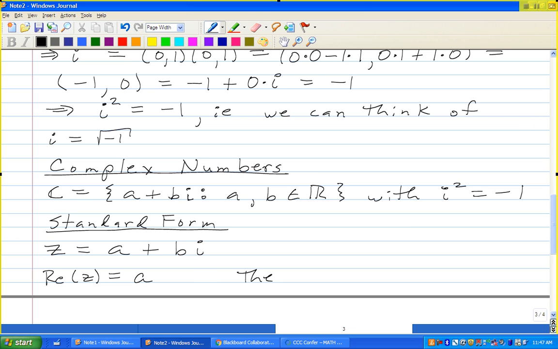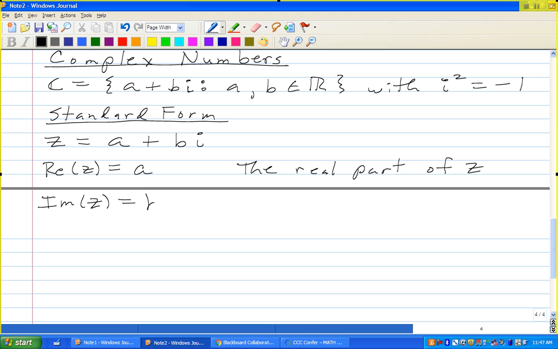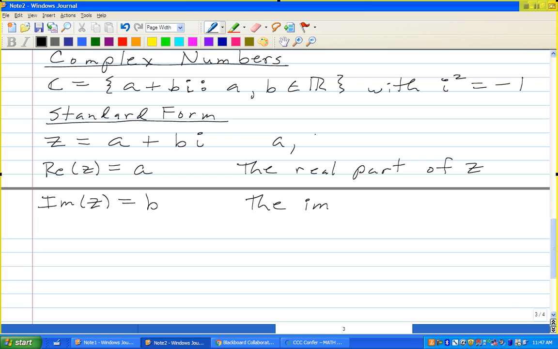So this is the real part of z. And b is the imaginary part of z. Note that a and b are real numbers.